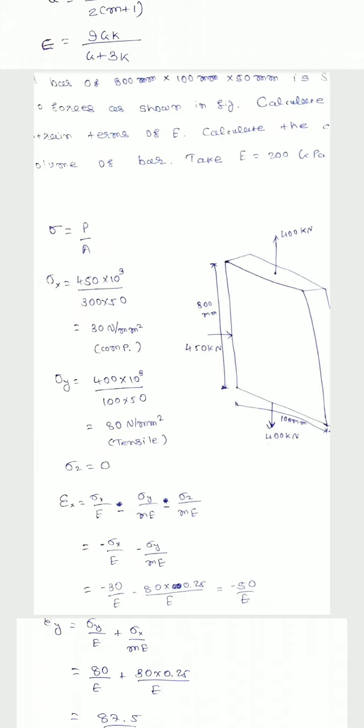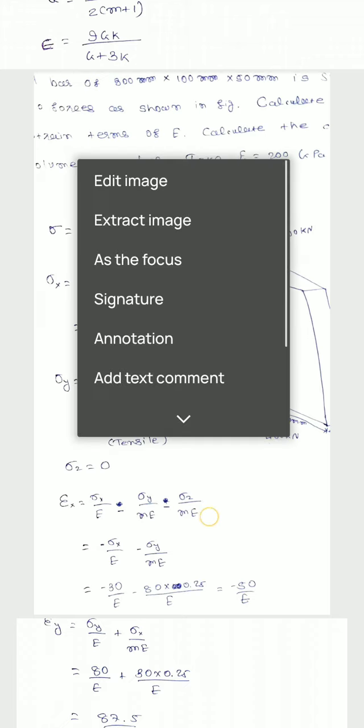We can use this equation for strain in x direction. So we use sigma x as minus because it is compressive, and sigma y as plus, but it is minus in the equation, and sigma z is 0, so we eliminate the last term.